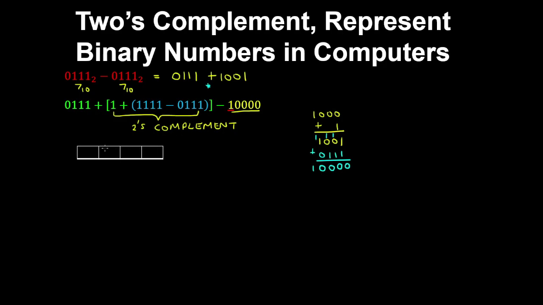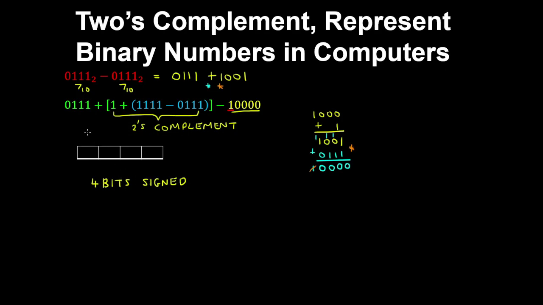But suppose we have a location in computer memory that contains 4 bits that are signed. So in this case, this operation causes an overflow, and this bit is dropped automatically.